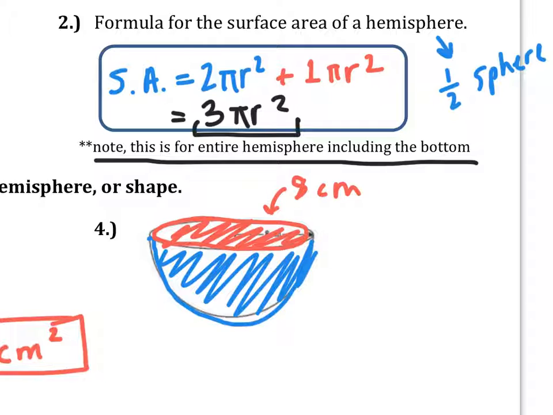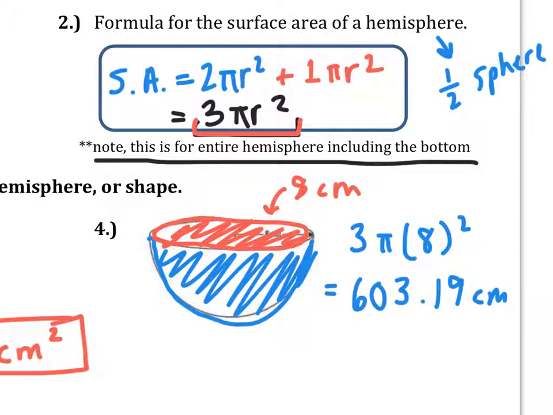So if the radius is 8 centimeters and we want to use our 3 pi r squared equation, we would say that the surface area equals 3 times pi times 8 squared. And putting that into our calculator, we get 603.19 centimeters squared. And that's the surface area of that hemisphere.